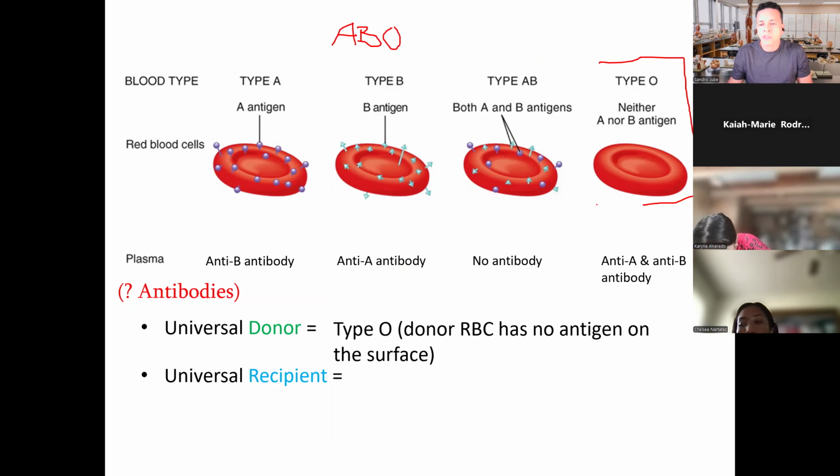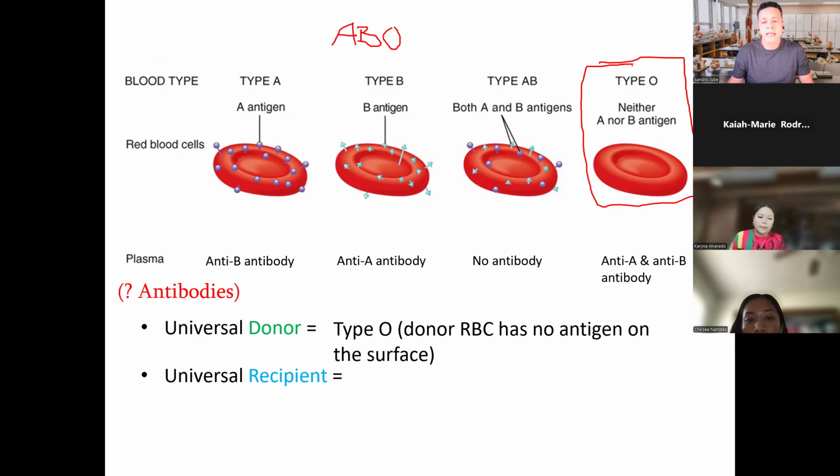Why? Guys, look at the red blood cell of a type O. A type O red blood cell has no antigens for A or B. So there is no A antigen, there is no B antigen. What does it mean? It means that this individual here can donate blood to anybody.